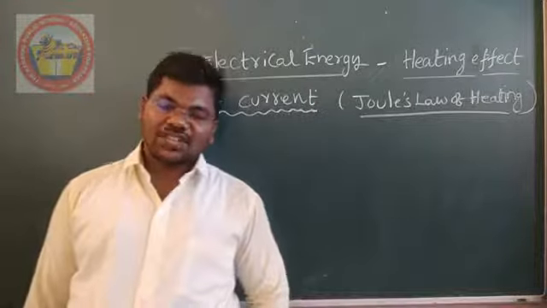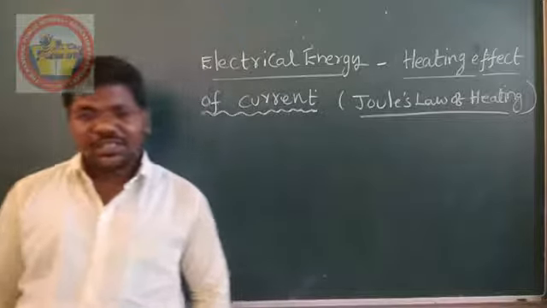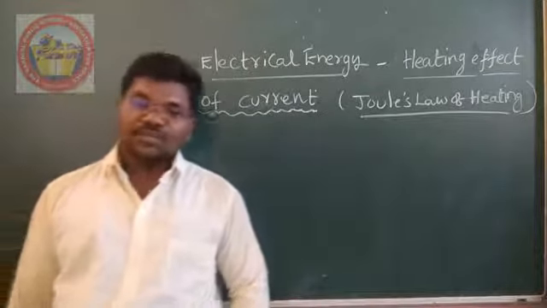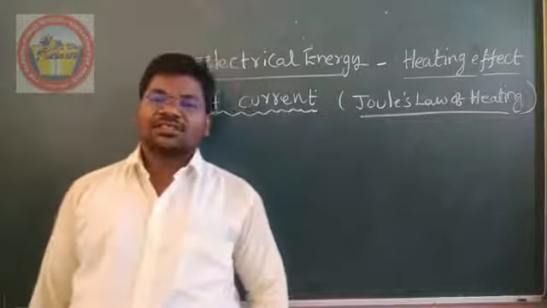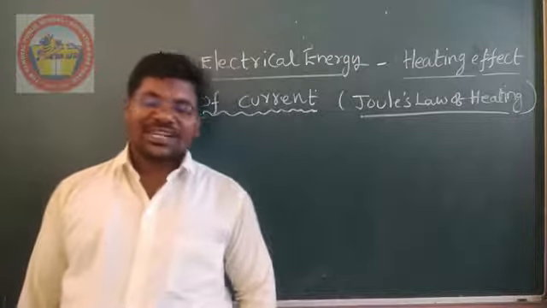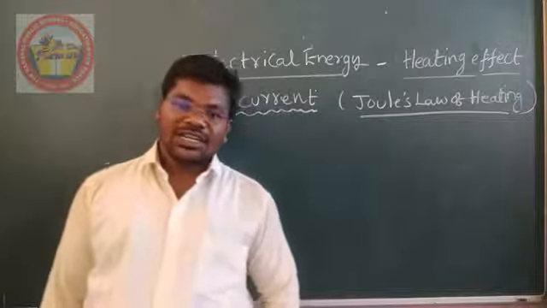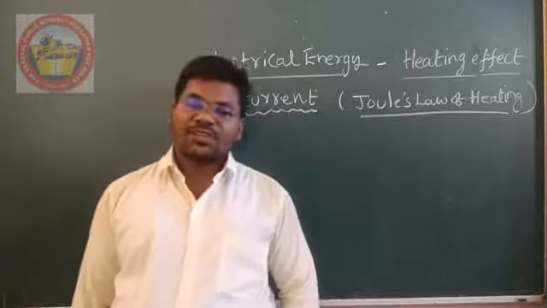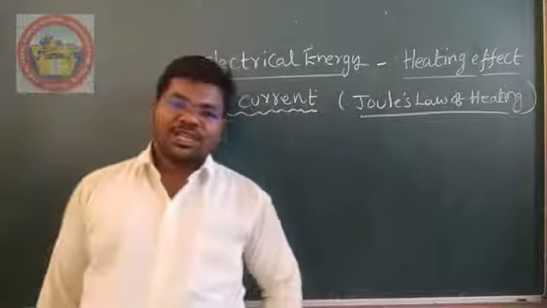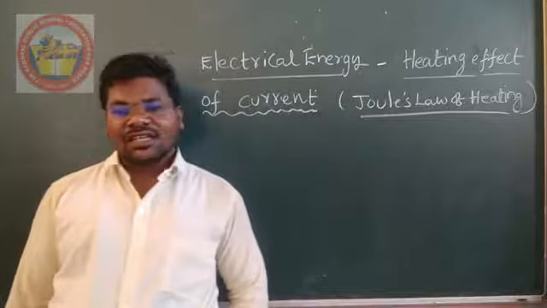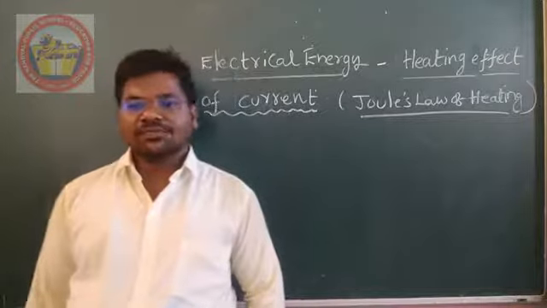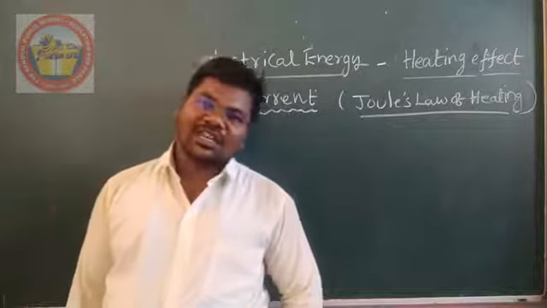Coming to the definition of electrical energy: the total work done by the source of EMF V in maintaining electrical current in the given conductor or circuit for a specified time is called electrical energy.